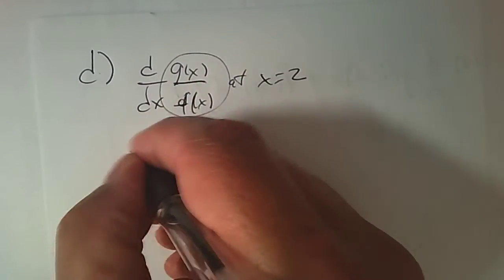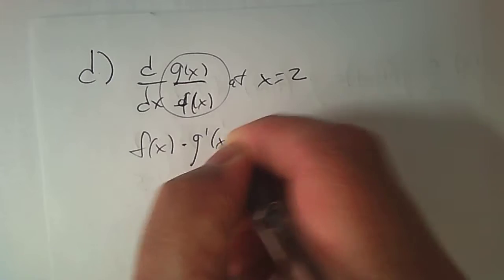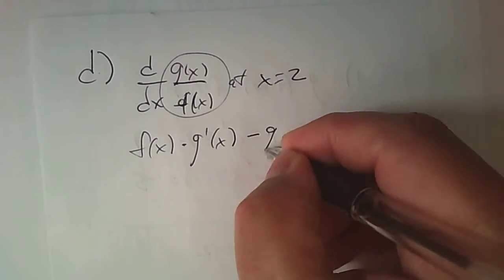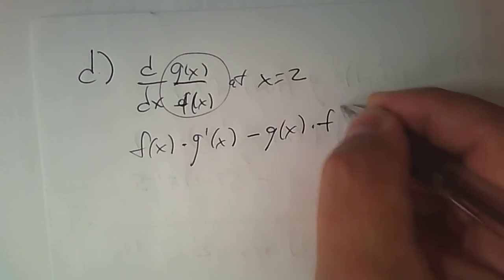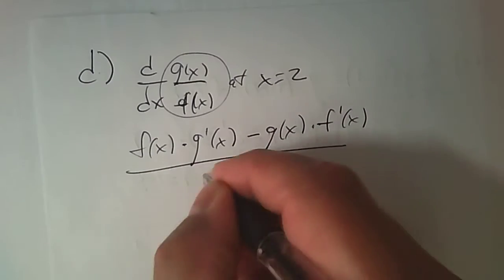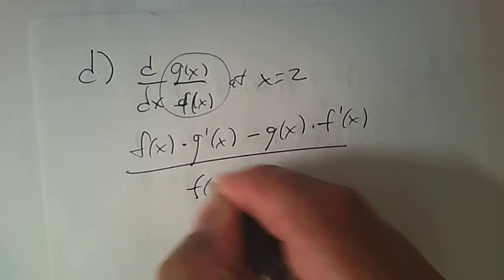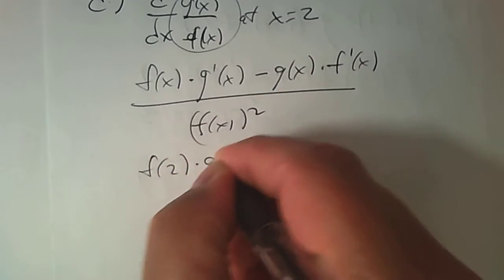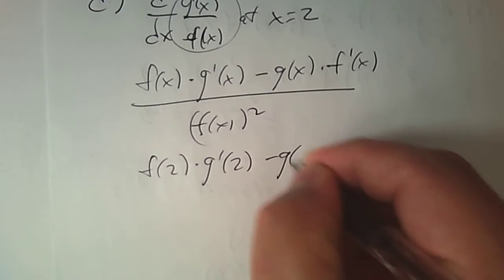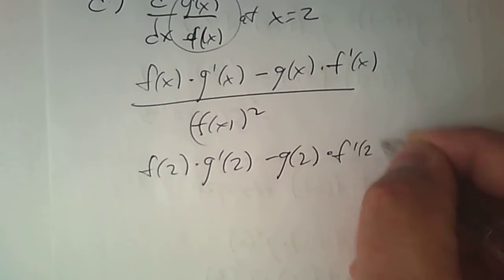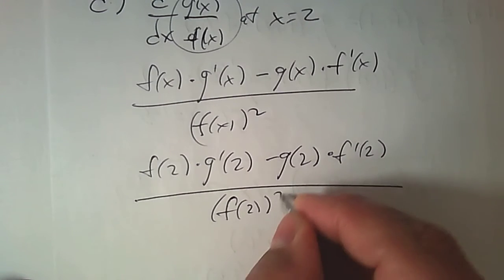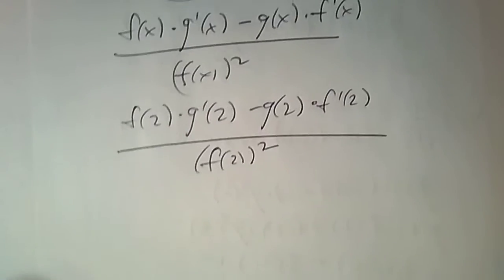That's the bottom times the derivative of the top, subtract the top times the derivative of the bottom, and then the bottom squared. Then wherever there's an x, you plug in 2. And then plug in, and then you're done.